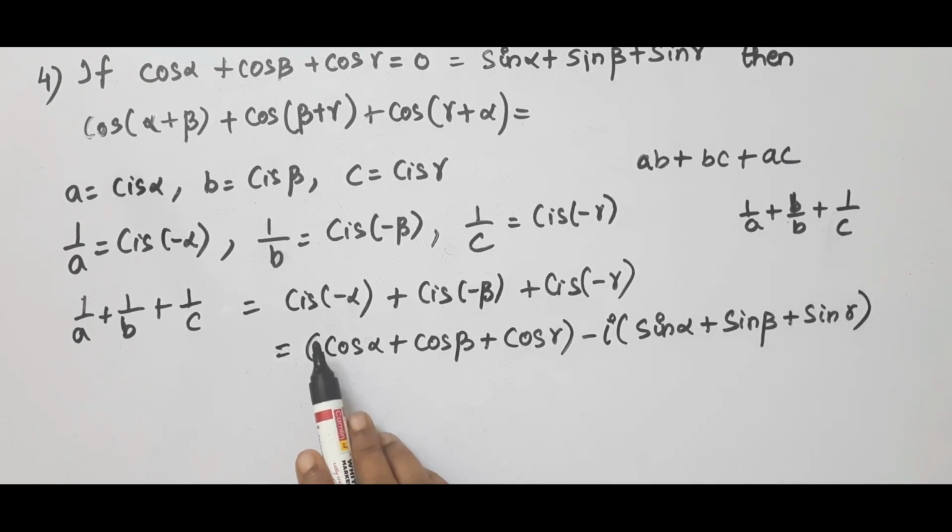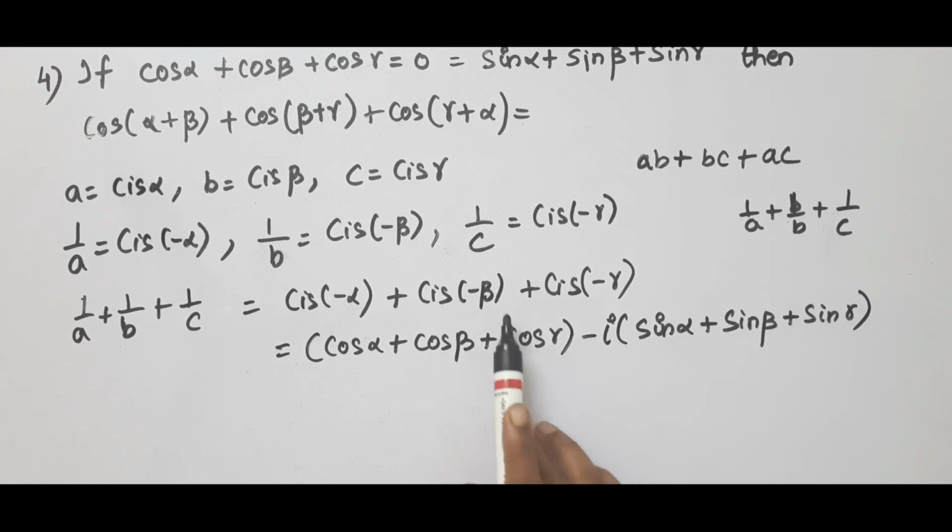We have already studied in the previous video that cis of minus alpha plus cis of minus beta will be cos alpha plus cos beta minus I into sin alpha plus sin beta. Here the third angle is involved, so just add the third angle, that is cos gamma, to cos alpha plus cos beta.